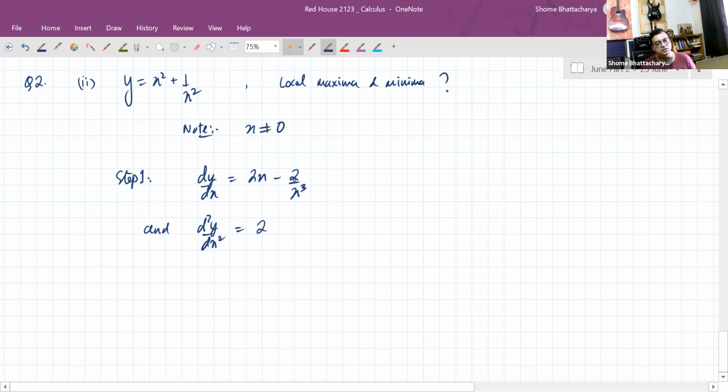So the second term's minus 2 into minus 3, that's plus 6 into x to the power minus 4. So this is our second derivative. Then the second step, we have to find the critical points. For that, we have to find the roots of the derivative.